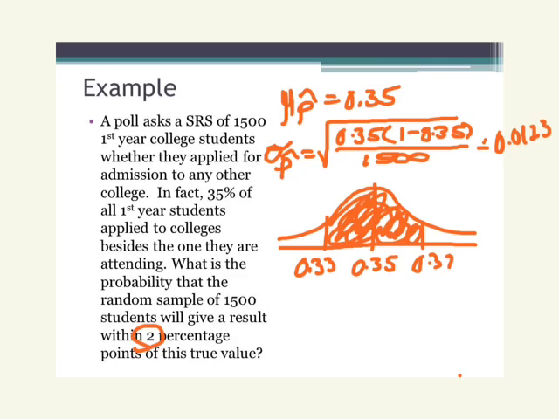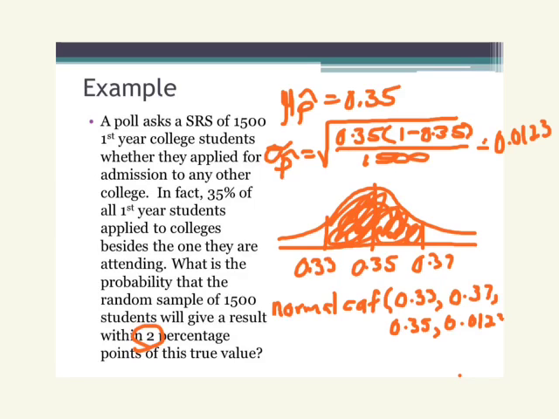So here's how our normal CDF would set up. I don't know if I'll have enough room here, so just bear with me. But we'd have the normal CDF. Our lower bound in this problem is 0.33. Our upper bound is 0.37. Our mean is 0.35. And our standard deviation we found above is 0.0123.